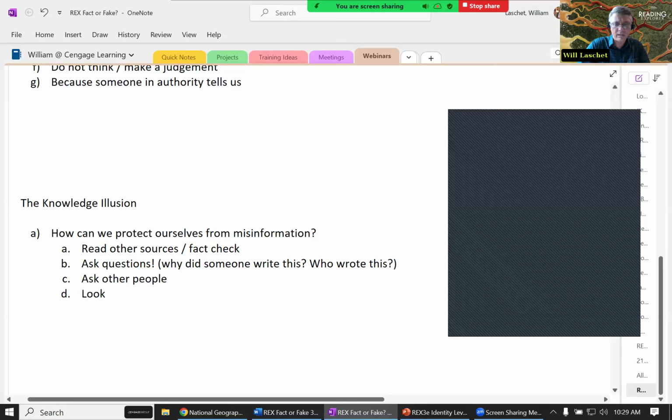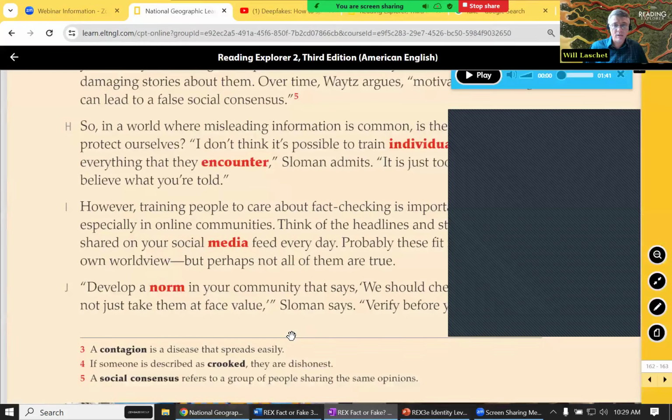Look at the source. Is it reliable? Is it a reliable news source that you trust? Or is it not? So you need to think about where this information is coming from. But the most important thing we can do, as it says here, is don't just take everything at face value.